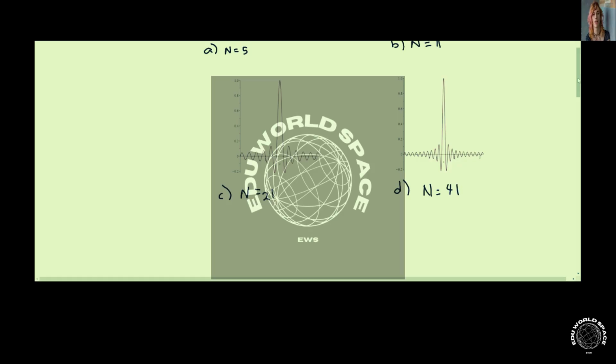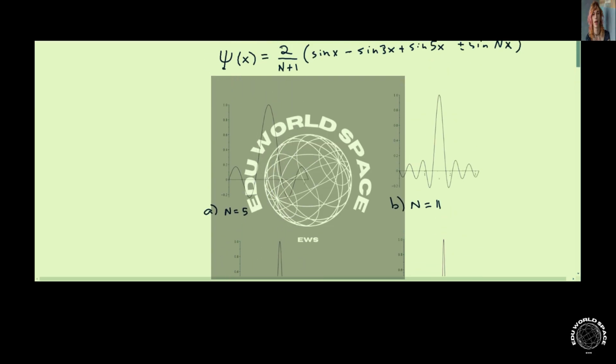Let's now look at the uncertainty principle. If this were a particle in a box that was one-dimensional, and the length goes from 0 to about pi, let's think about the most probable location of the particle and the uncertainty.